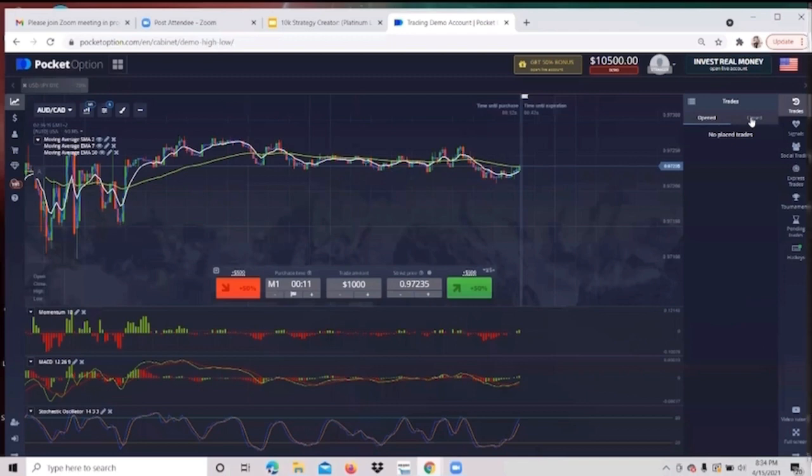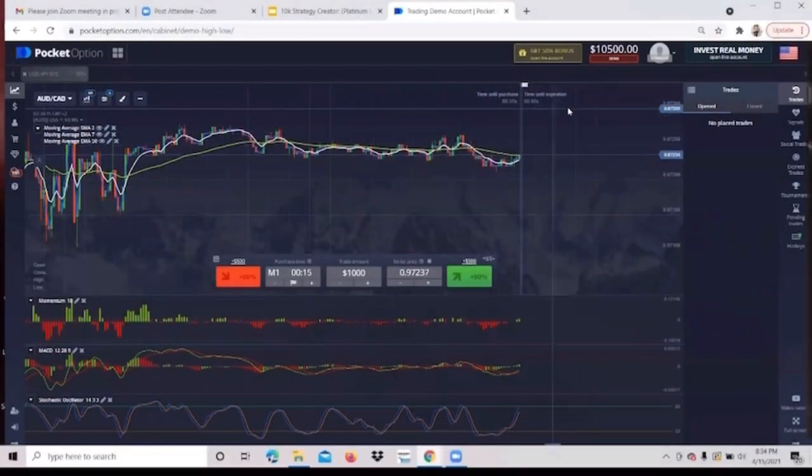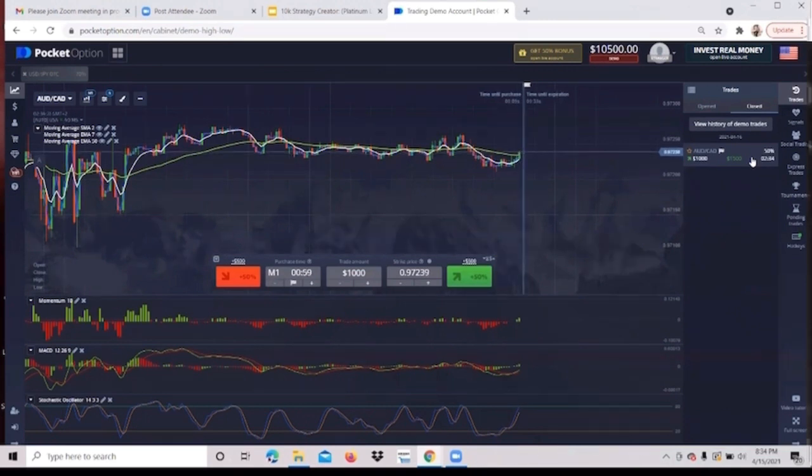If y'all are paying attention and y'all saw what just happened, y'all saw how easy it was for him to clear that trade with all of them crossing and confirming. Drop a one in the chat.